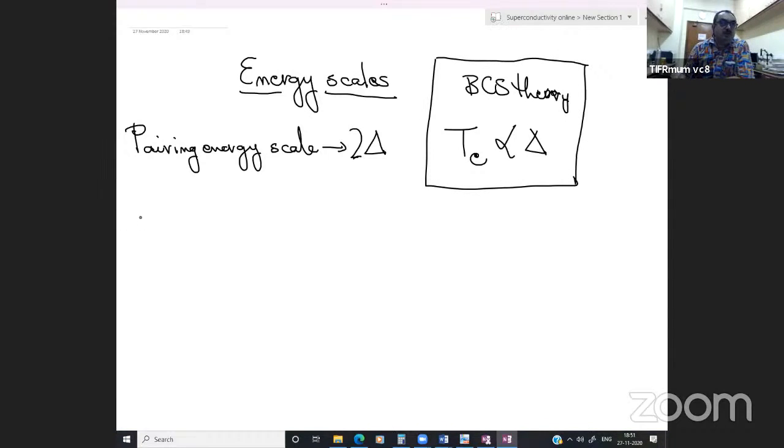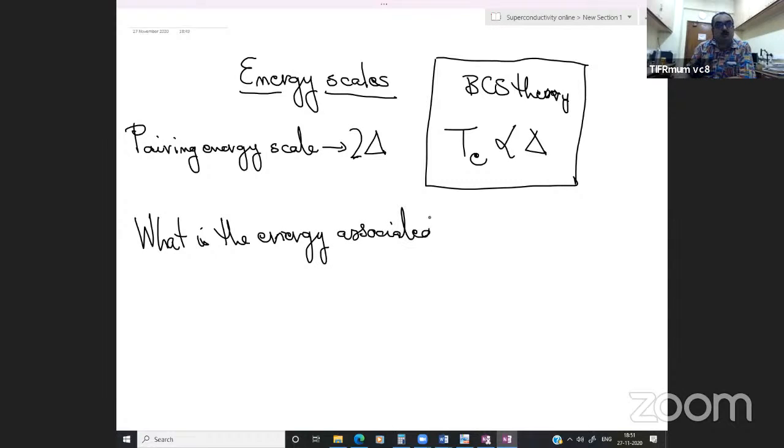Now, by the same token, the first thing we have to ask ourselves is what is the energy scale associated with phase fluctuations?